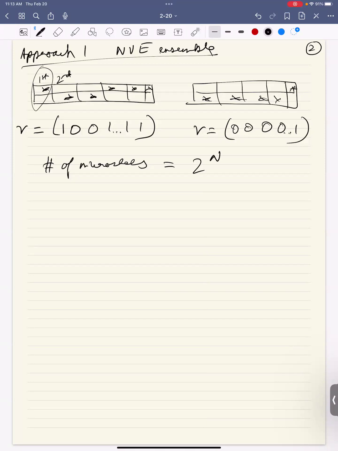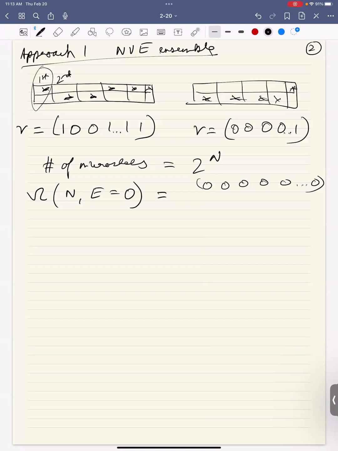Out of these 2 to the power n microstates, there is one little microstate. If I ask you about the number of microstates where the energy is equal to 0, that's one of these 2 to the power n, right? Do you agree with that? That there is only one ground state? The only microstate where the energy is 0 is the one where the whole binary number is 0, right?